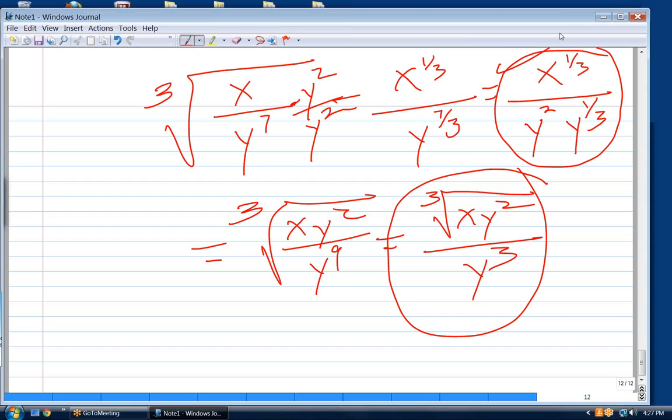I mean, unless y is like 8 or 64. But if y is any typical number, you're going to have an irrational denominator. So they basically rationalized so that the denominator would be a whole number. Y cubed is always a whole number. These two answers are the same. Don't misunderstand me. No matter what x and y are, they're the same answer.